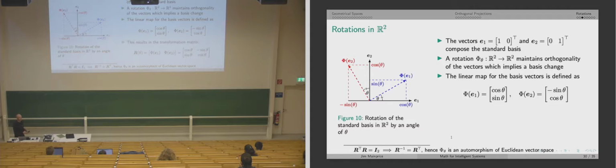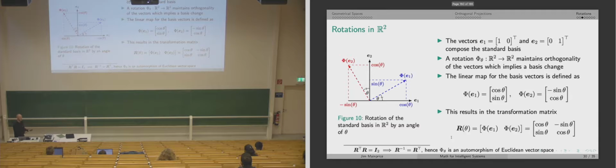And from that, we can construct the rotation matrix, because remember, the transformation matrix, I will go back to that in a few slides. The transformation matrix, which is, you could say, the coordinates of any linear transform, is the stacking of the columns.